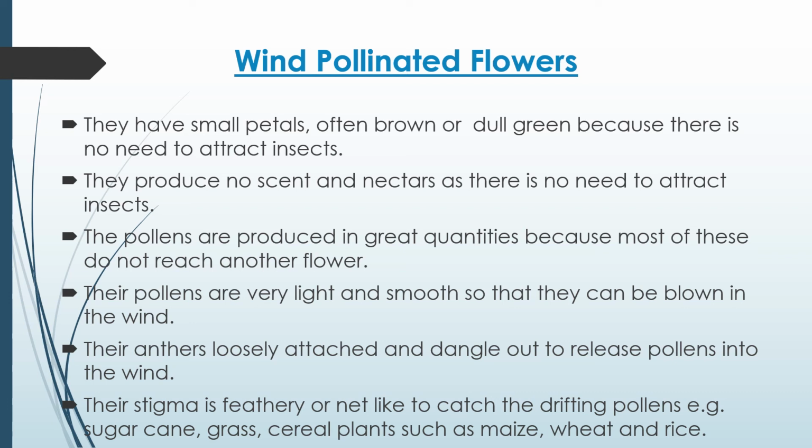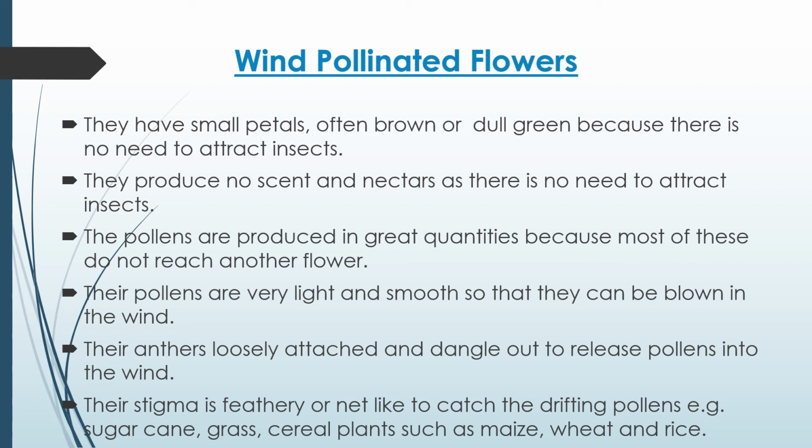Because it travels through the wind and most of the pollen gets wasted in the wind, so that is why they produce a very large quantity of pollen. Their pollen is very light and smooth. Like in insect pollinated flowers, the pollen was very sticky, but wind pollinated flowers have very light and smooth pollen, and it can easily be blown by the wind.